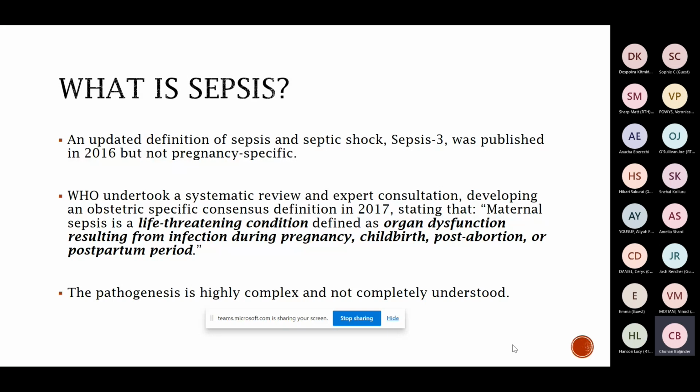And the abortion one is really important not to forget. So not really groundbreaking, it doesn't tell us very much, but it was an agreed definition, and for the purposes of audit and data collection it makes it easy if you've got a defined standard.